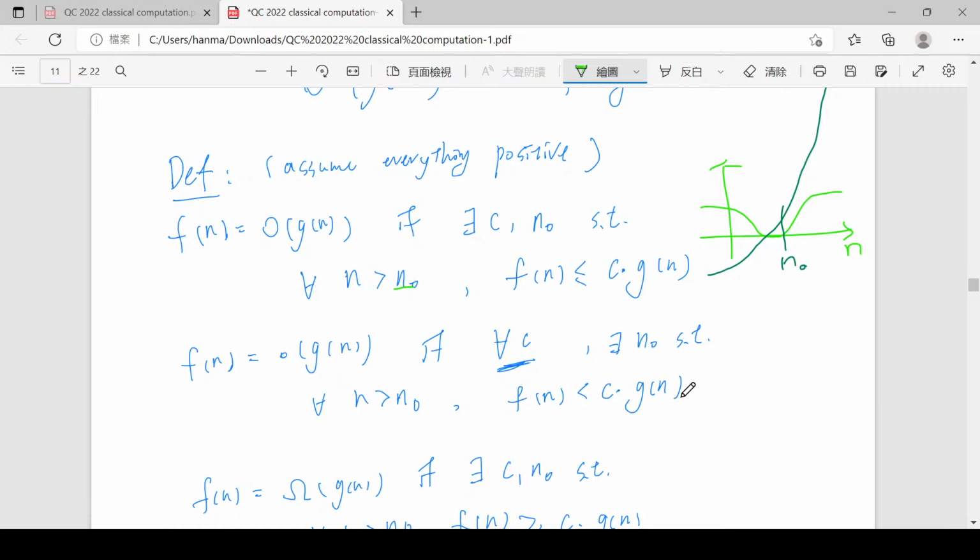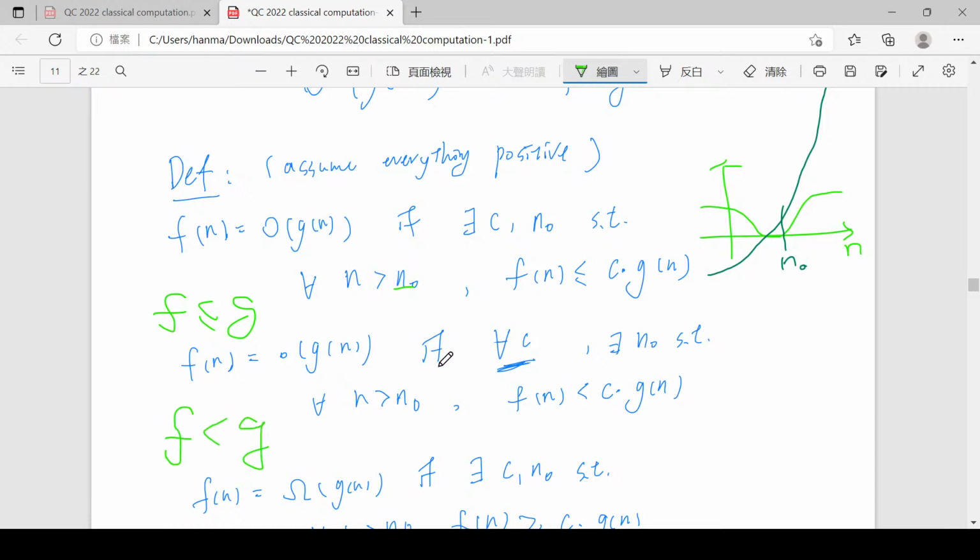And so the difference between those two is that big O is kind of f is less than or equal to g, and the small o is like there is no equal. We think f is just less than g.